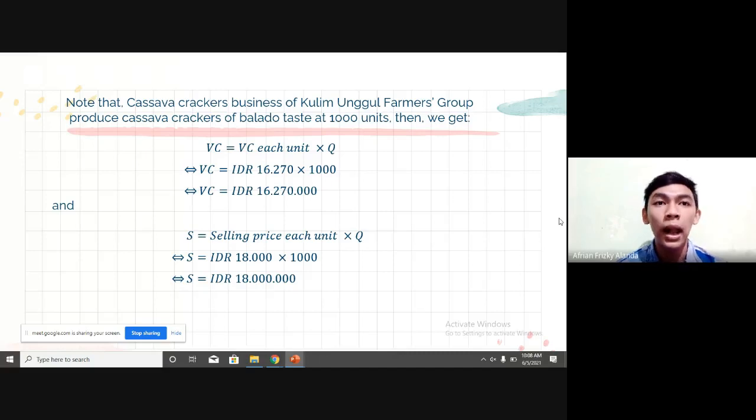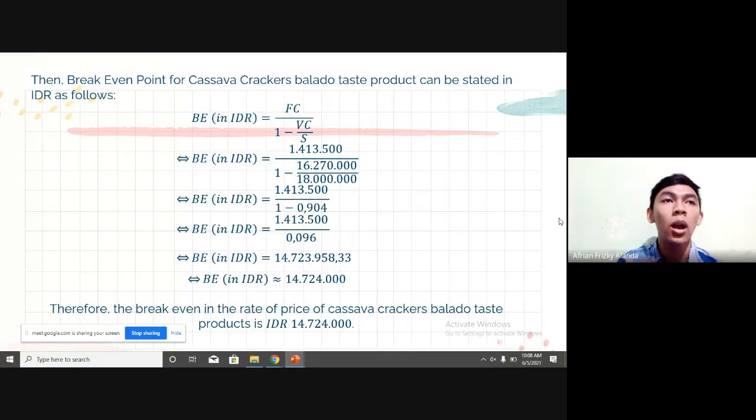And the total selling price is equal to the selling price of cassava crackers balado taste times Q. And then we get the total selling price is equal to 18 million rupiah.